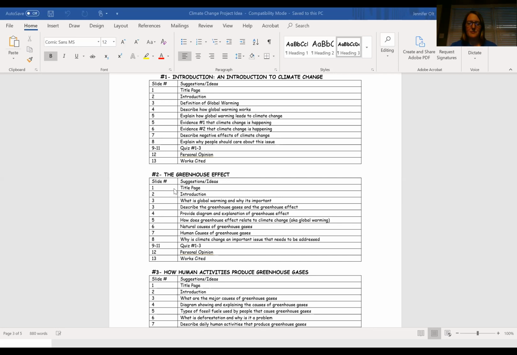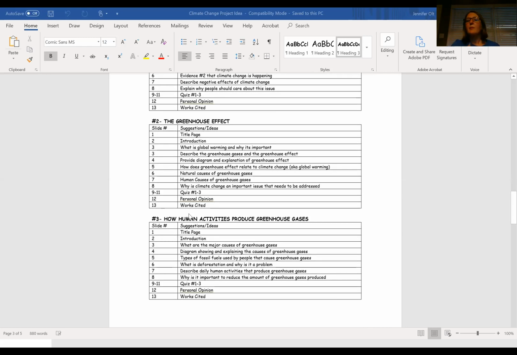They're going to happen, and they are causing higher emissions of greenhouse gases. Slide 7 should be human causes. So what are the ones we do have control over? How are we contributing to higher greenhouse gases? And then number 8, why is this an important issue? Why is this something that we need to be focused on or a little bit concerned about? Like, how is this going to impact our future?